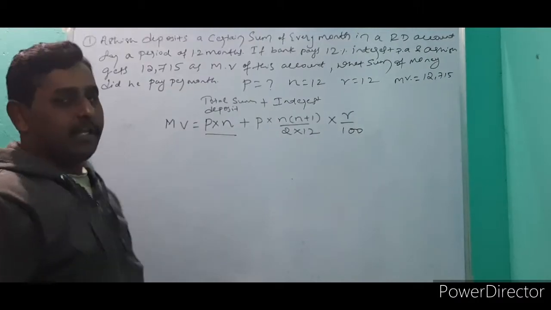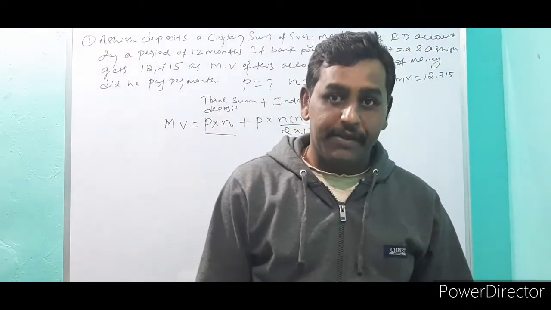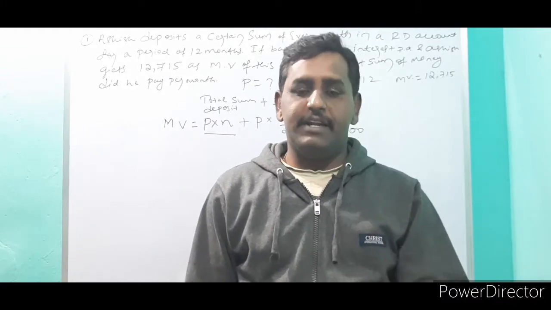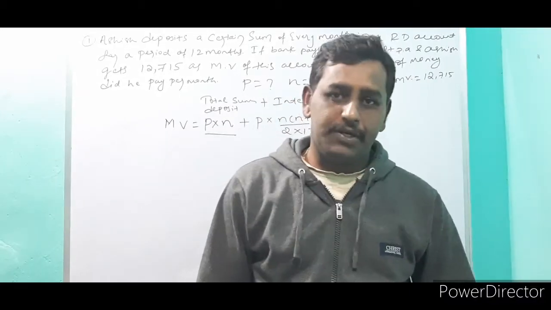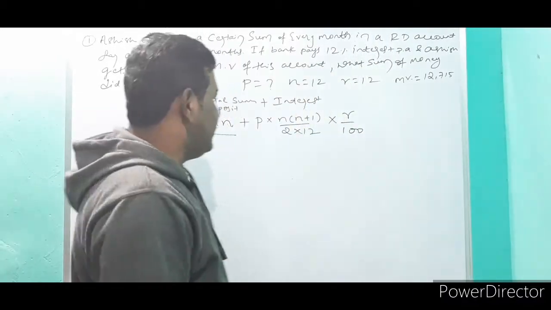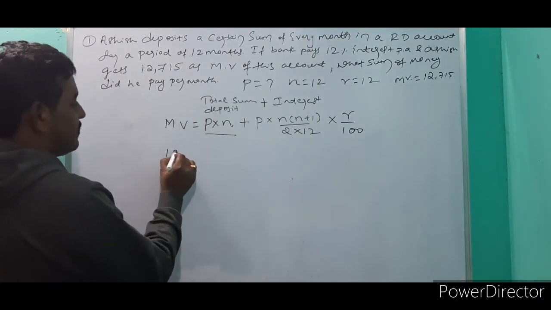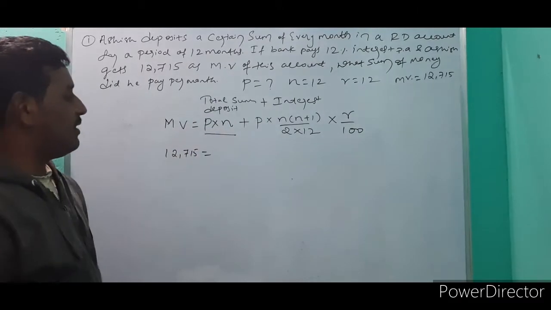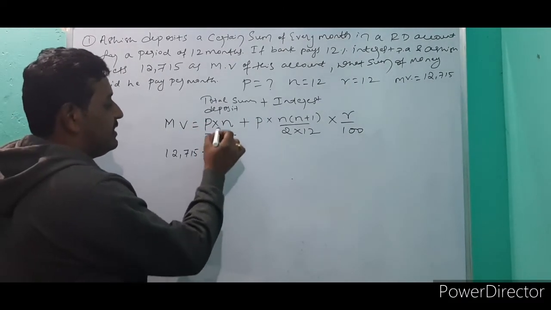As I told earlier, dear students, in the last class we learned how to find maturity value, by first finding the interest using the formula and adding the total sum deposited, to get the maturity value of that RD account. In this problem they have given the maturity value, 12,715. I am writing the formula first. P value we want to find out, keep P as it is.